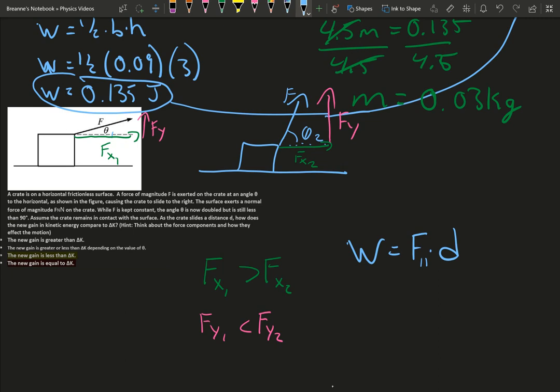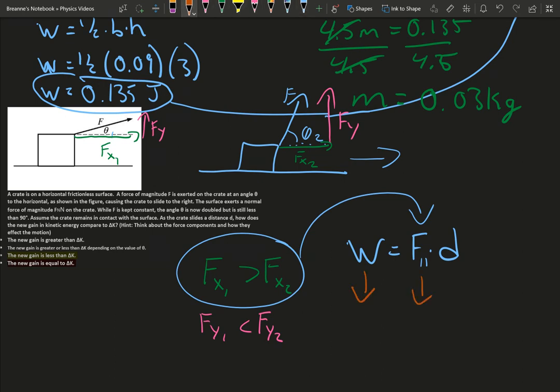So if it's moving this way, the one that's parallel to the motion is your x. So if your force in the x direction decreases, that means your work is going to decrease because it's a direct relationship.